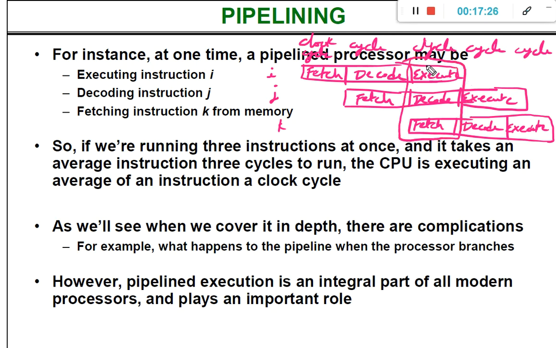In this particular cycle, executing instruction I is carried out, decoding instruction J is carried out, and fetching instruction K from memory is carried out. Three different operations of three different instructions are carried out in a single cycle. That concept is known as pipelining.